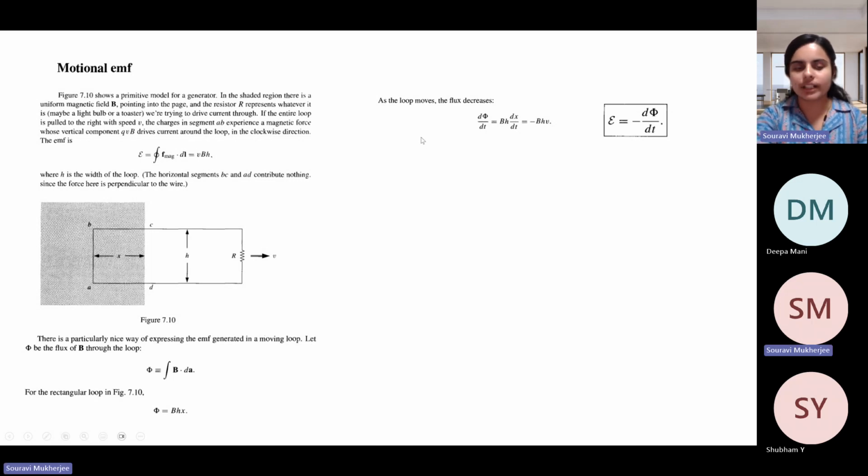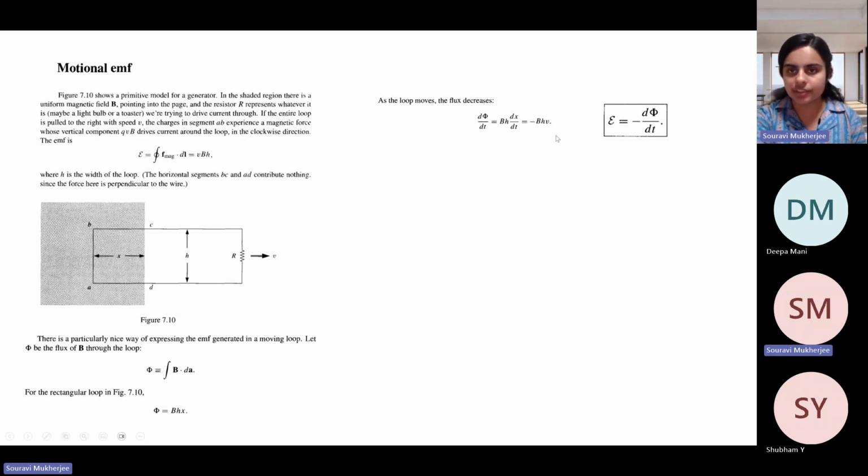Now, when the loop moves, what happens? Your X is changing, so the flux is changing. So you can write d phi dt as B into H into dx dt, right? Now, if you do this integral, this is actually the same as this. If you look at the magnitude, obviously this minus sign tells us something which we'll discuss in the coming slides.